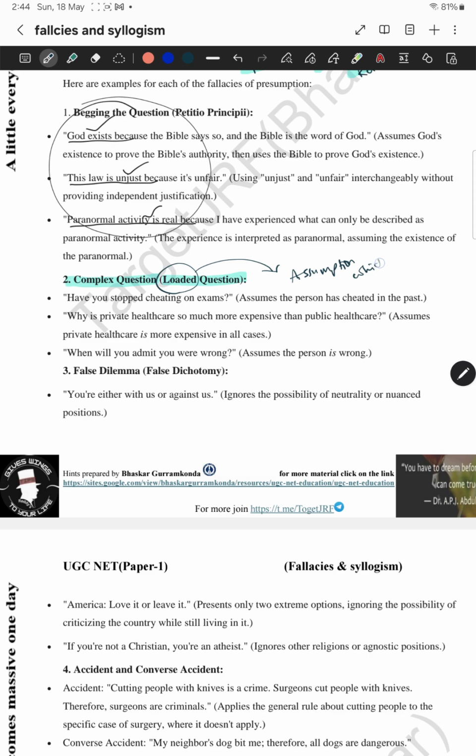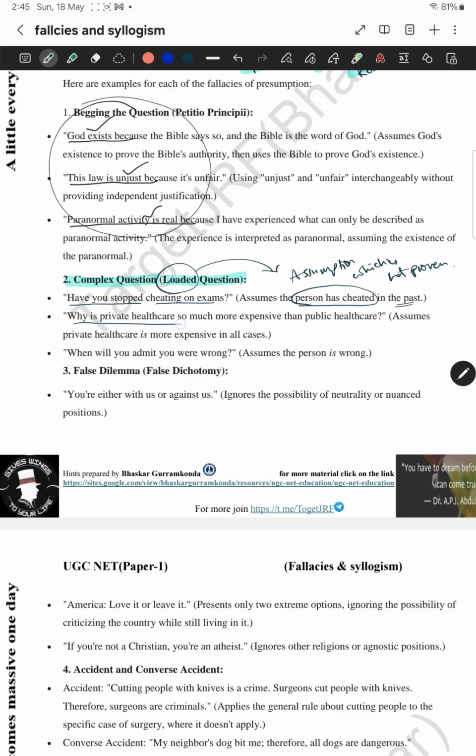For example, have you stopped cheating on exams? Here he is already assuming the person cheated in the past.